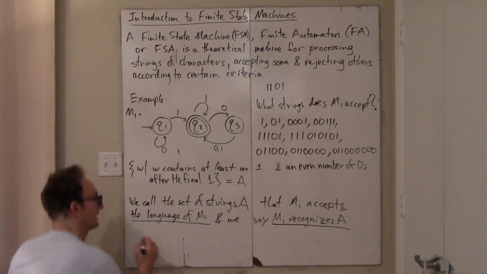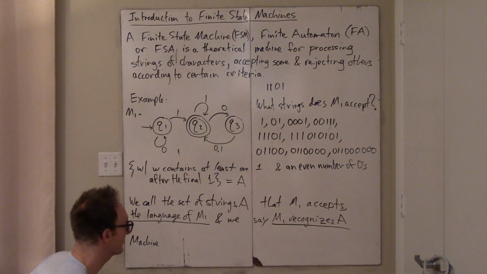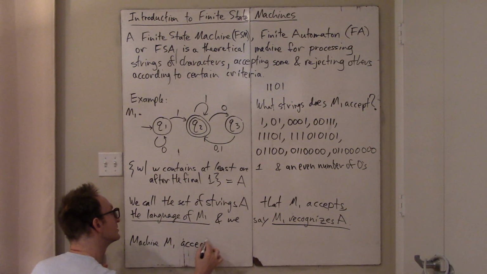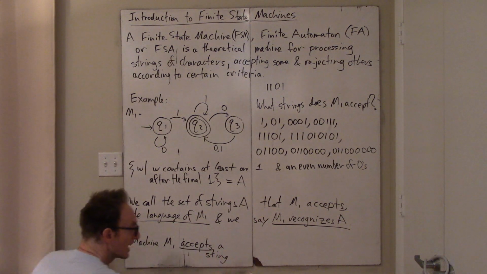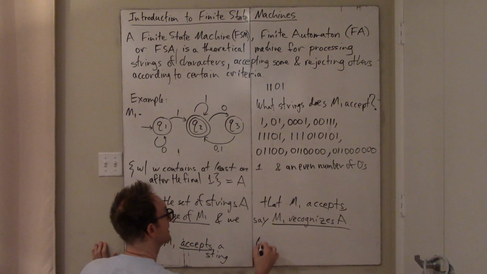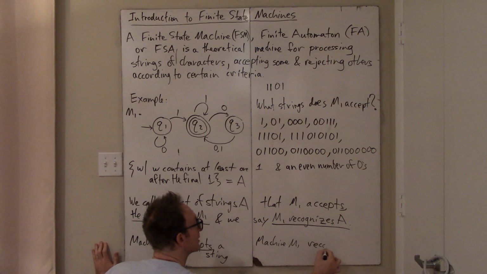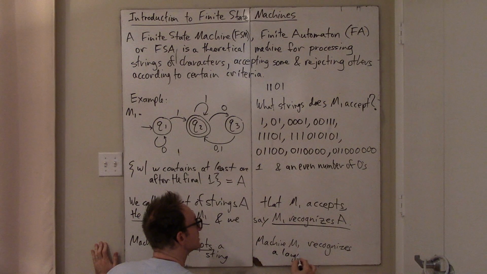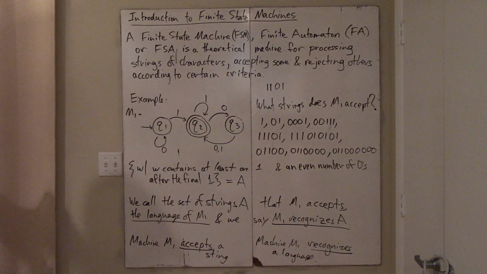And so, just to be clear, and people aren't always so careful on this, and maybe not always am I, the verb we use is that a machine M1 accepts a string, or it might reject it, but a machine M1 recognizes a language. Okay, good.